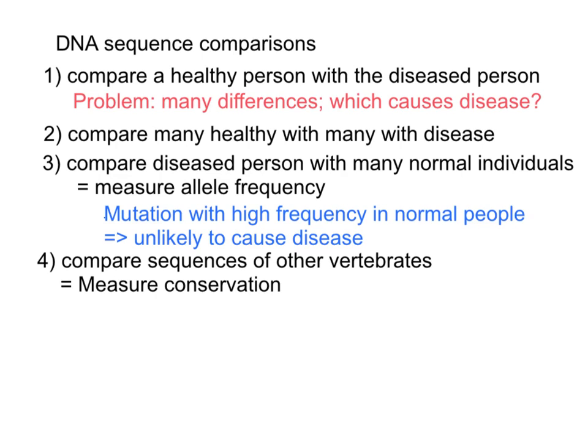Another very useful set of comparisons is to compare the sequences of humans and other vertebrates. The notion is vertebrates are other animals which are closely related to us. And so you can measure how conserved a particular sequence is. That is, there's a particular region of DNA where that DNA sequence is exactly the same in all different vertebrates. And the conclusion is then that it must be there.